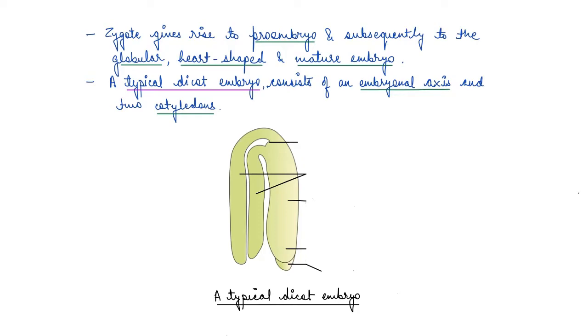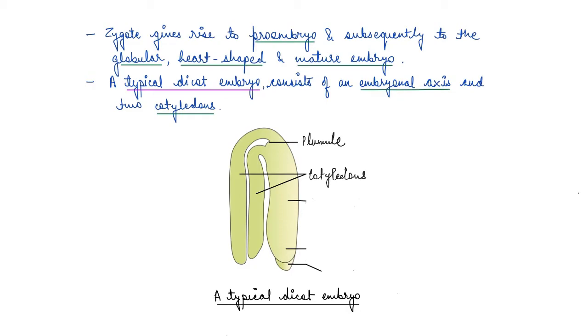Now the root tip is always covered by a root cap, and this we have studied during the topic of root as well, right? So here if you see the diagram, these two are the cotyledons, right? Now the part above the cotyledon is plumule, which forms the stem.